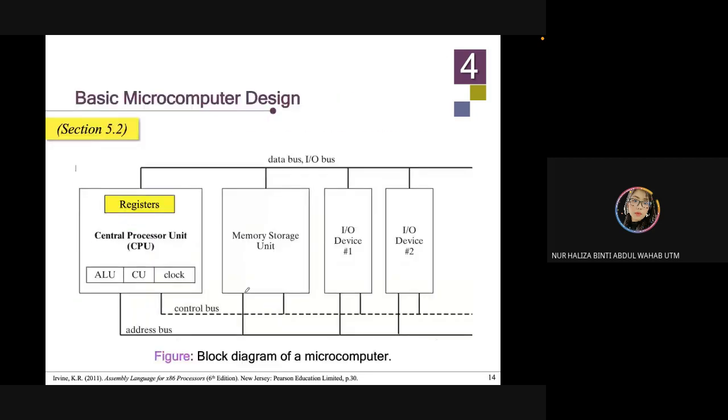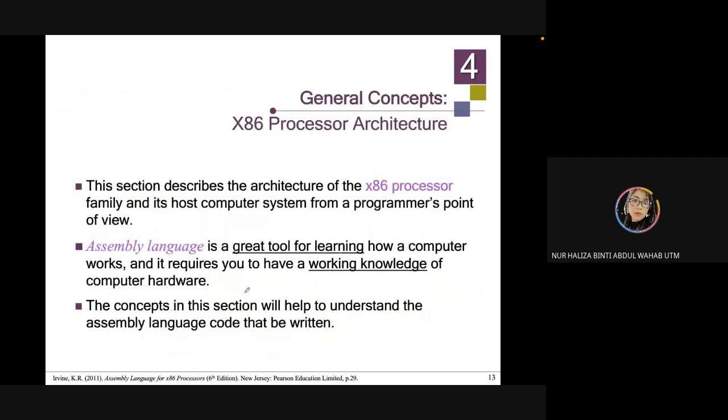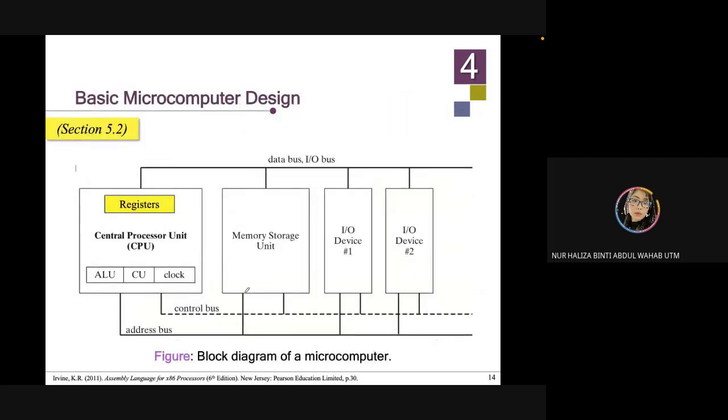Next, in terms of more theory, in your microcomputer design. This one later you're going to see also in your section 5.2, module 5. But this one is just an overview. What is the block diagram of your microcomputer?